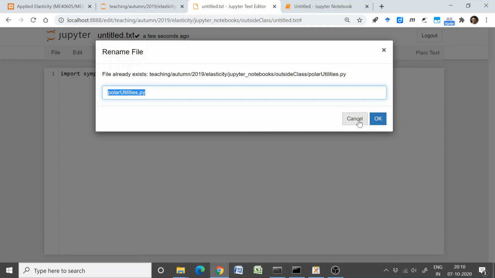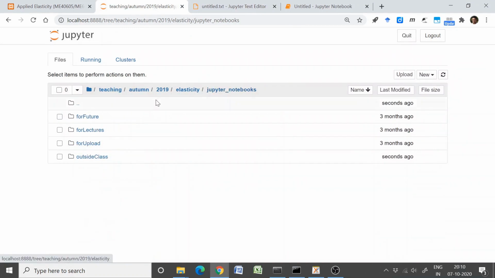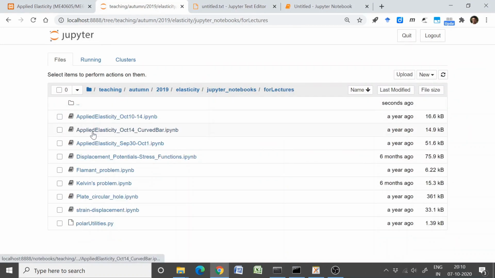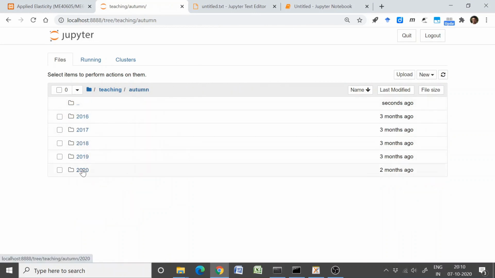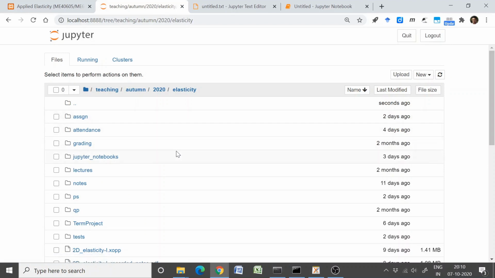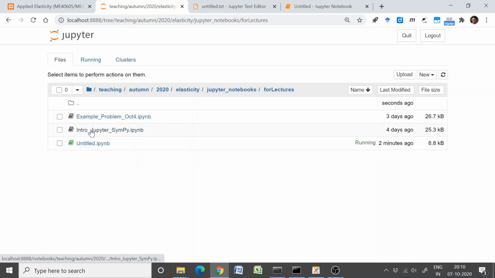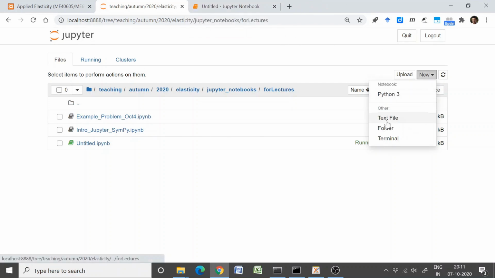Sorry, there's a clash of the folders because I'm currently in a different folder. So let me go back to our lectures folder, and here I will set it up. Let me go back to the 2020. Okay, so let me close this one. Let's set up a new file here.